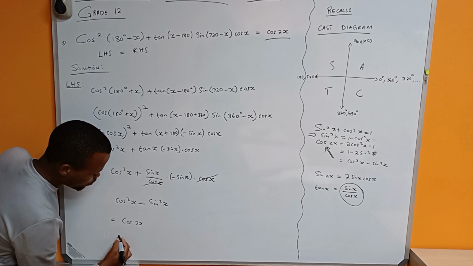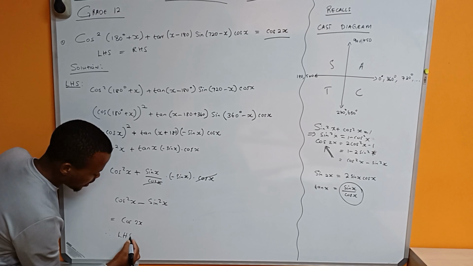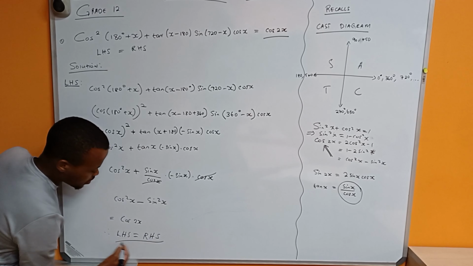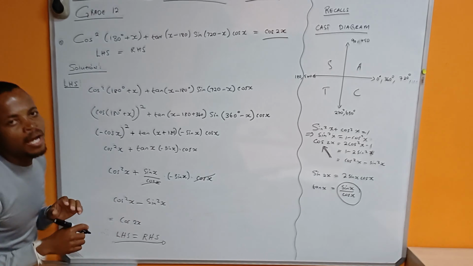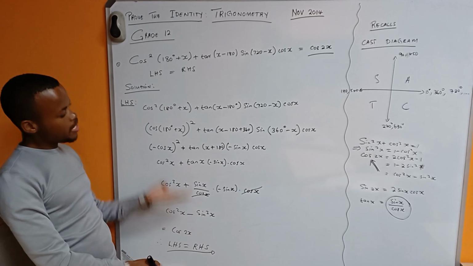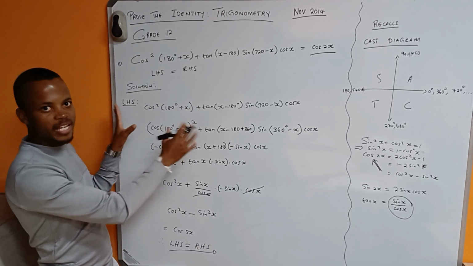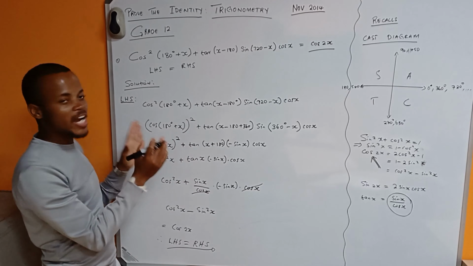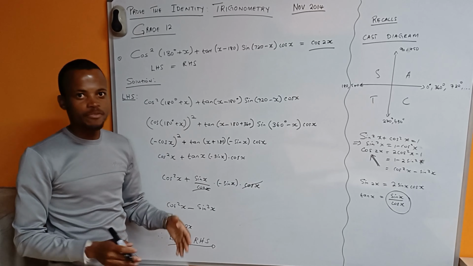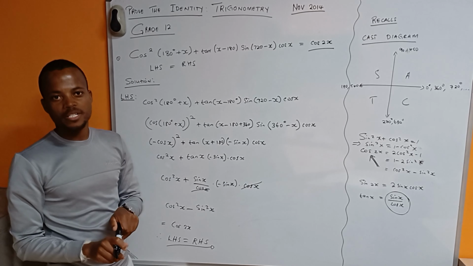Therefore, we managed to prove that the left hand side is equal to the right hand side. I hope you find it easy to solve such problems by trying to make sure that what is unfamiliar becomes familiar before you even tackle the equation or the question.